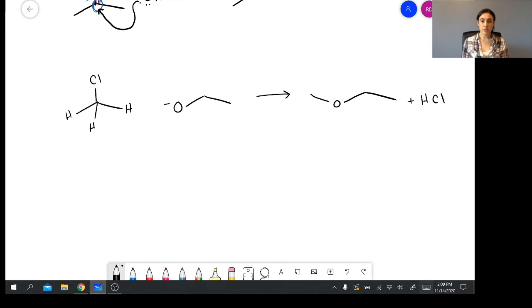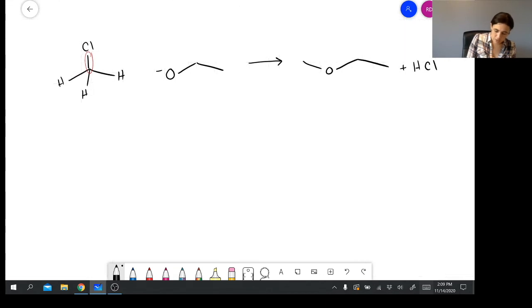So let's take a look first at what's going on here. Well, we are clearly breaking a carbon-chlorine bond, right? And sometimes it helps to just write this somewhere on your page while you're doing this. Remember, this is just bookkeeping, so you can take notes wherever you want. Break carbon-chlorine.